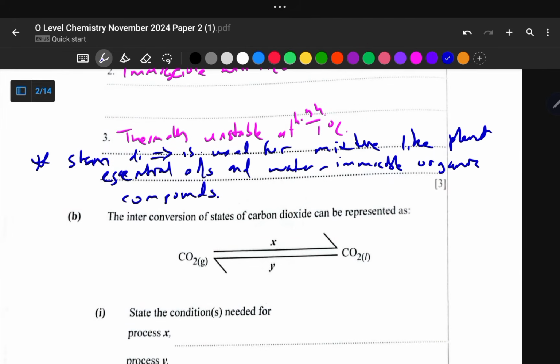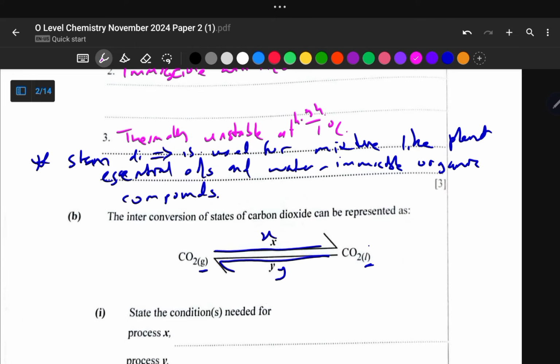So the next part says the interconversion of the states of carbon dioxide can be represented as below, right? So we have carbon dioxide in the gaseous phase to carbon dioxide in the liquid phase. So this process of changing carbon dioxide from gaseous phase to liquid phase is represented by this equation X. And then from the liquid phase to the Y phase, from the liquid phase to the gaseous phase, it is represented by the Y reaction.